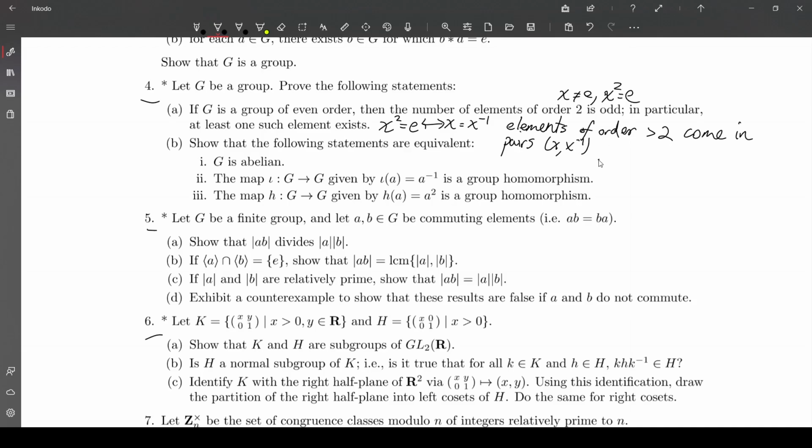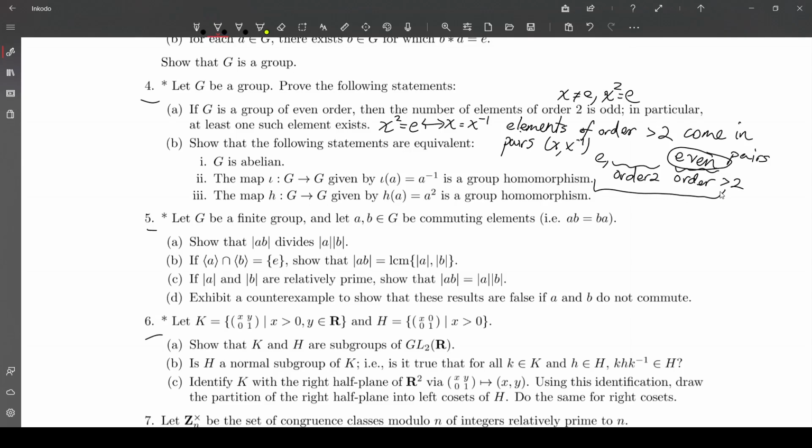So essentially, if you write out, you start with the identity because the identity is its own inverse. And then you have the elements of order 2. And then you have the elements of order greater than 2. Well, these come in pairs, so there's an even amount of these.